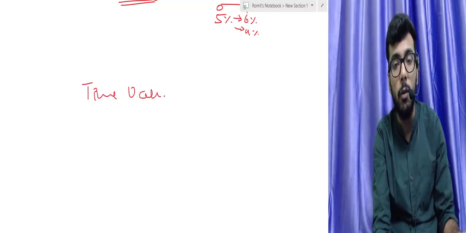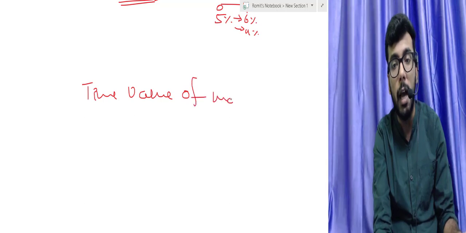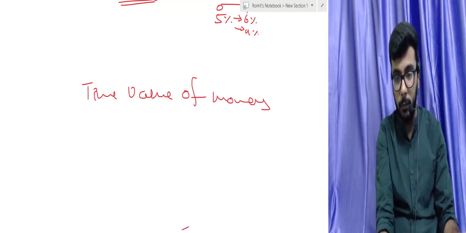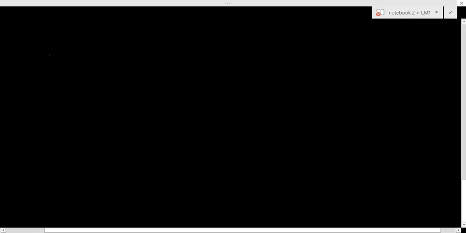What is time value of money? The idea of time value of money. Time value of money basically says that money right now is superior to money in the future.